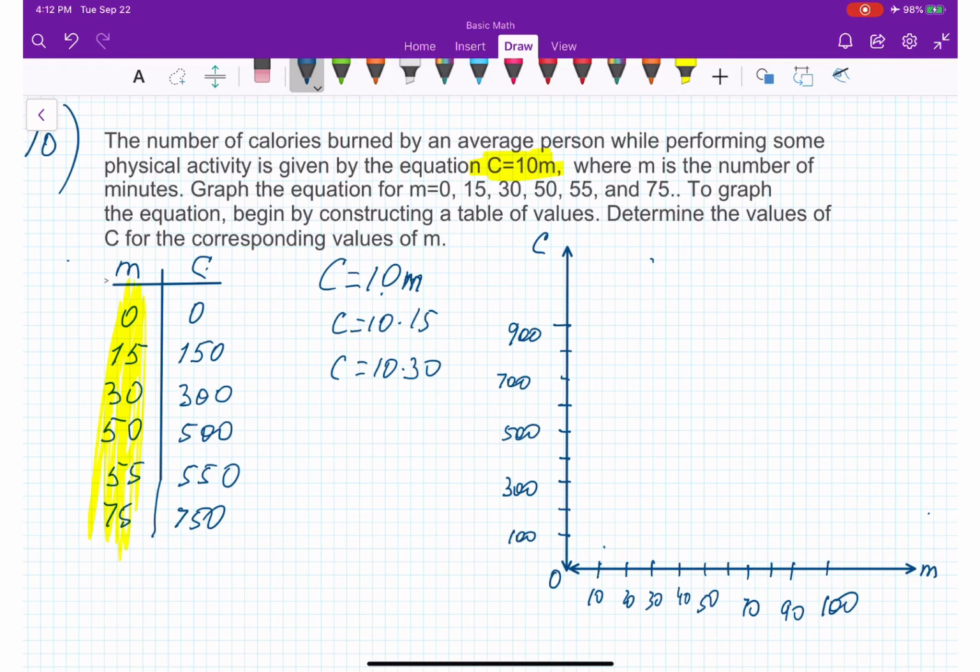All right, let's build. M is 0, C is 0. It's right here. Next, M is 15, C is 150. If this is 200, this is going to be 150. And M is 15, so it's going to be right here.